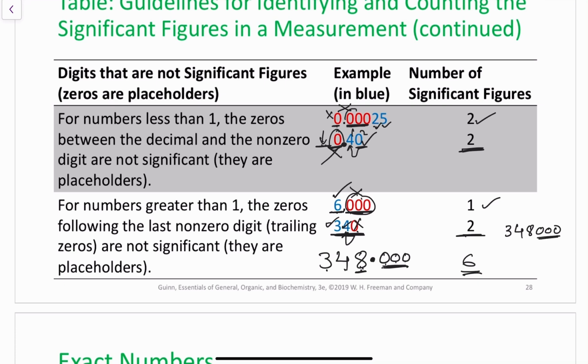You still have zeros and a non-zero number in front of them, but the problem is you don't have any decimal anywhere in the number. If you don't have a decimal, that means these zeros cannot be counted as significant. Now you have only 3 significant numbers in here, just 3, which are the non-zero numbers. So this is how you normally calculate significant numbers.